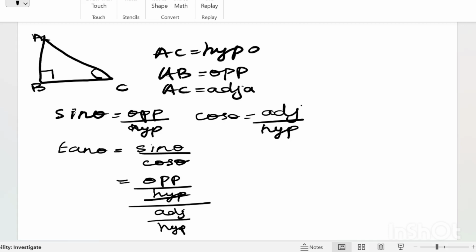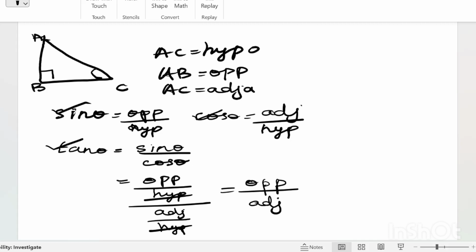We can cancel, right, this hypotenuse and this hypotenuse. So what is tan theta? Tan theta is opposite side divided by adjacent side. All these three are very important, that is sin theta, cos theta, and tan theta with regard to the sides of the triangle.